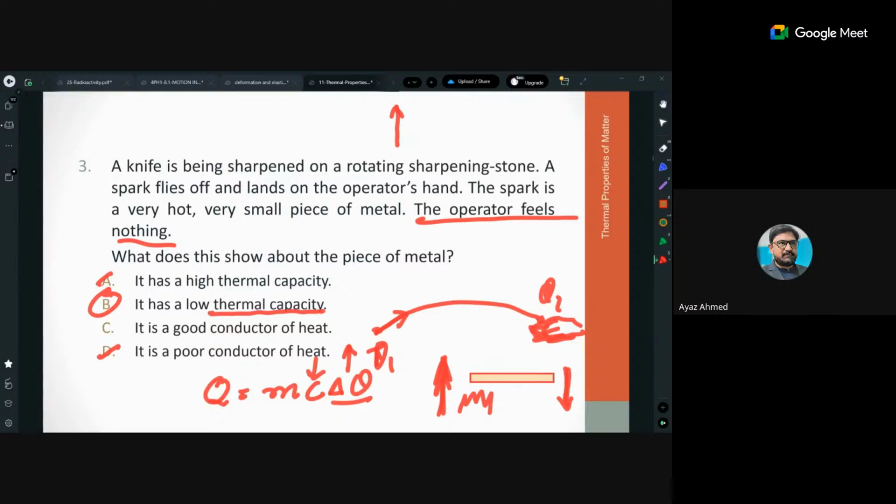Are you getting my point? This is very natural. In metals, if their thermal capacity is large enough, they give very little response to temperature. They don't care whatever heat they are supplied with. Their temperature rise is very small.